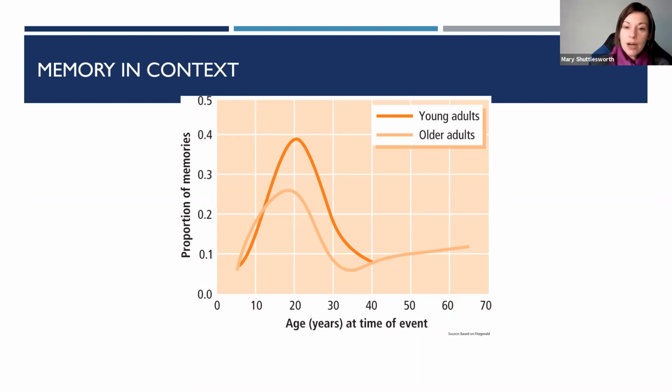So as you can see here, for older adults and for younger adults, events that occurred in our lives between ages 10 and 30, these are reported more often compared to events that occurred in middle adulthood. And you can see that here with the shape of the curve here, right? That 20 year span, right? That seems to be where we're recalling the most memories, and then we do see a decline, right, or a drop off as we move into older age.